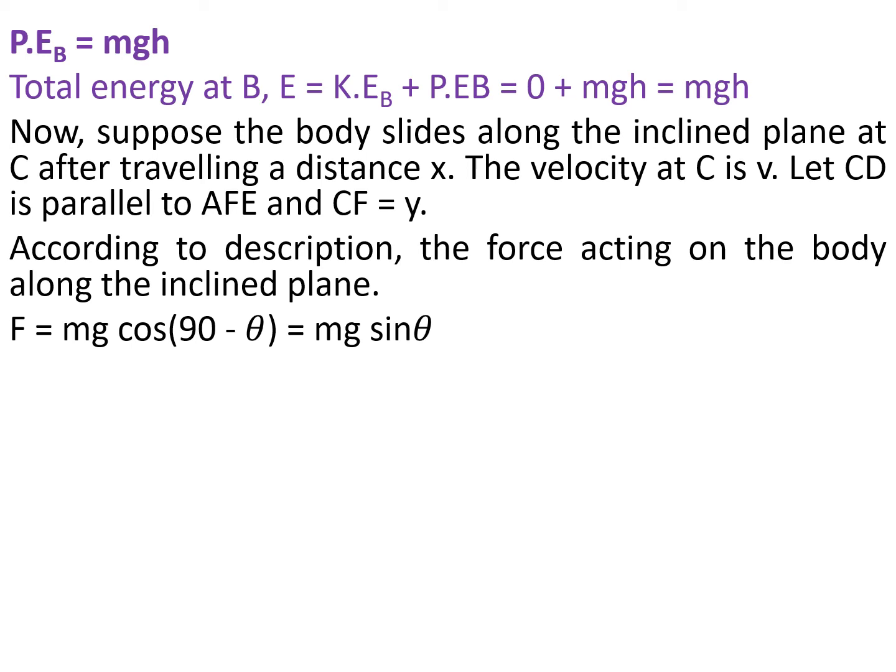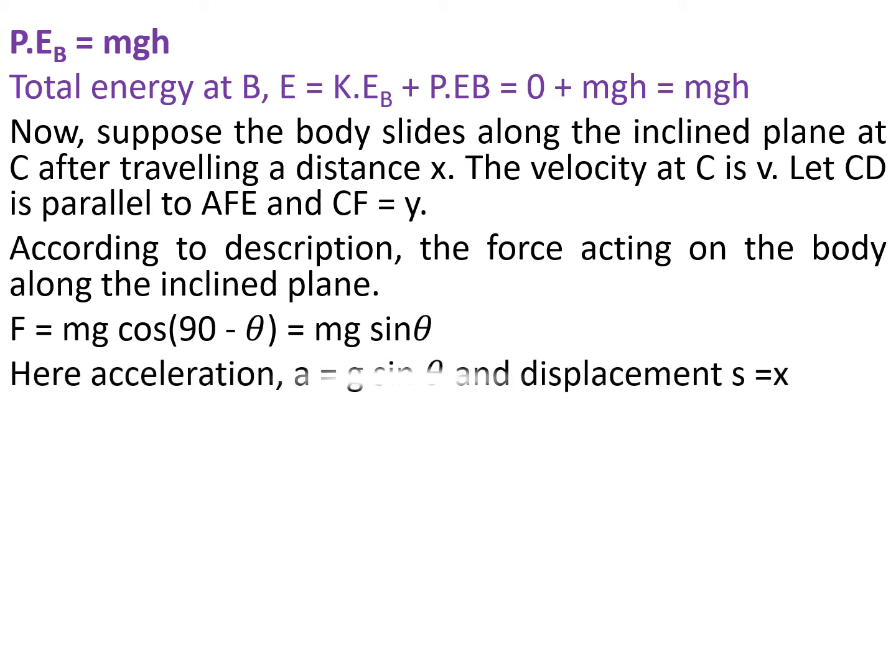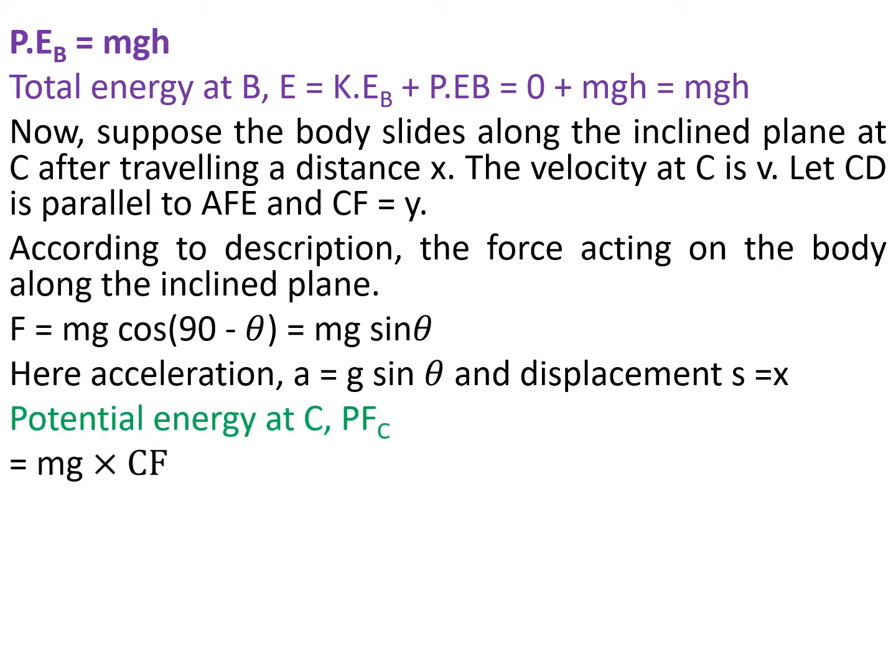Now the acceleration a equals g sin theta, and the displacement is x. We can write the potential energy at C as mg times CF. For understanding this, look at the figure again. CF means BE minus BD. BE means h, BD means x sin theta.